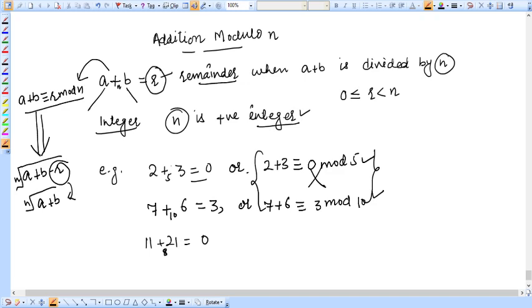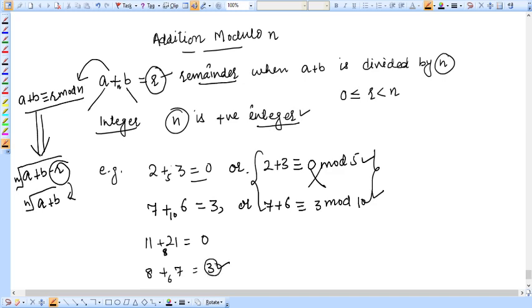Okay, so yes, these were some examples, or one more example for you. You take 8 and 7 under the addition modulo 6. Okay, so see, 8 and 7 are 15. 15 when divided by 6 we get 3 as the remainder.